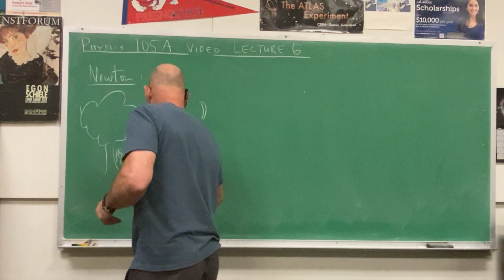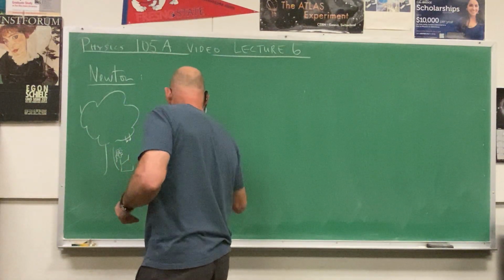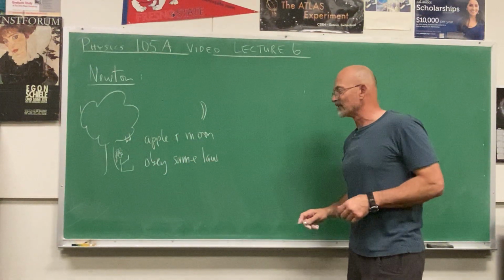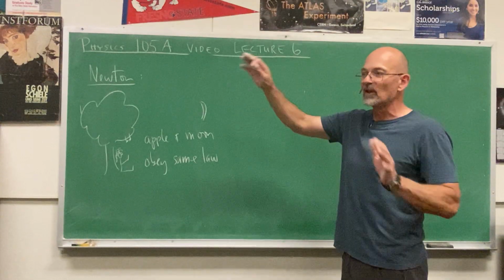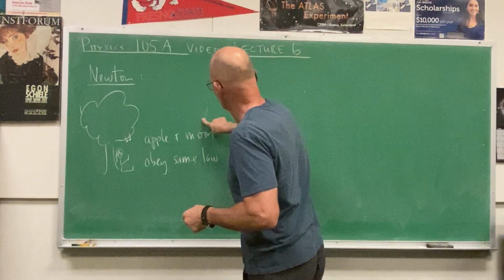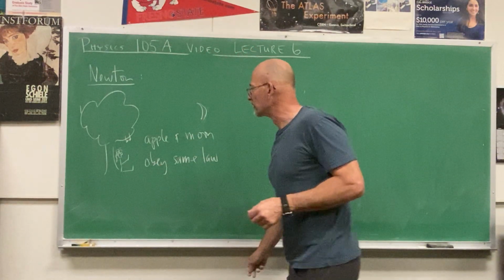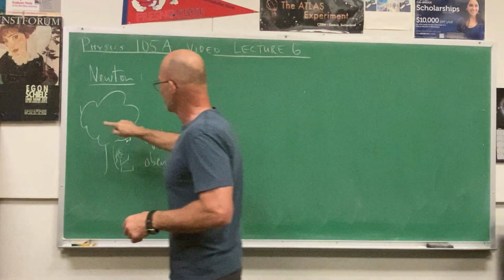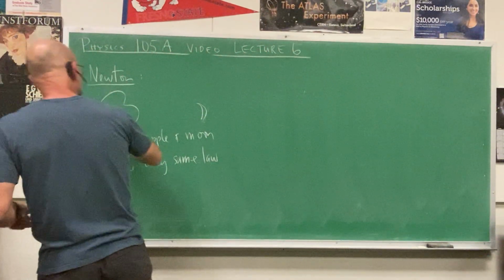Okay. Obey the same law. That was not Kepler's standpoint because those laws hadn't been discovered yet. Kepler just found what those laws were descriptively. Okay, so here's our moon. So that's the same thing. So that's one. I'm going to go ahead and number these ideas.